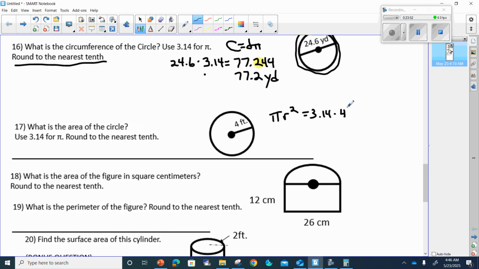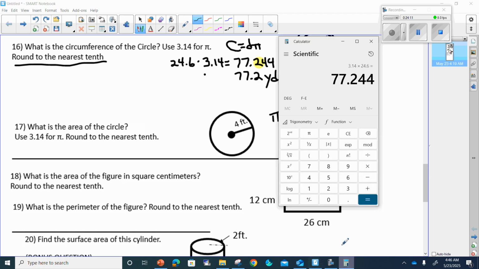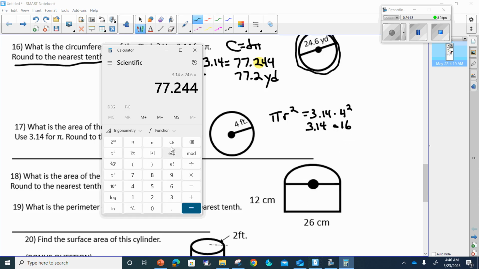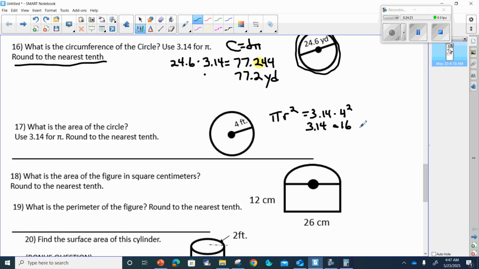But we have to square it. 4 squared means 4 times itself 2 times. 4 times 4 is 16. So we're going to multiply 16 times 3.14 to get our answer. Sixteen times 3.14 is 50.24.